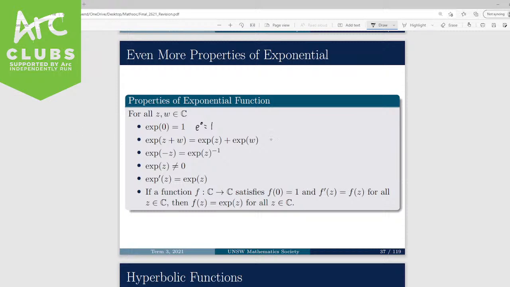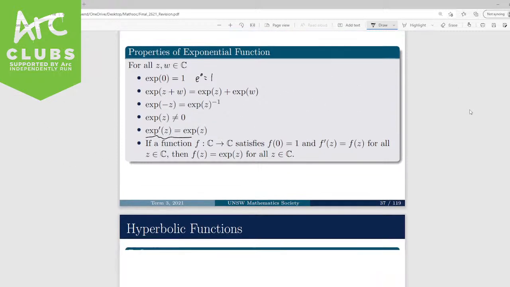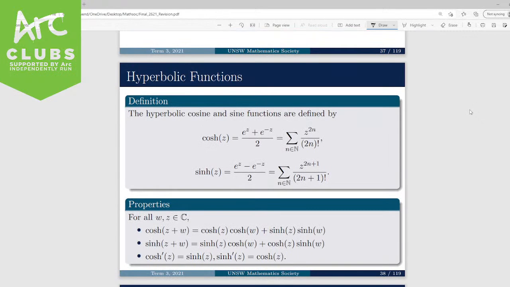So e to the power of z plus w still splits pretty nicely. The derivative of your exponential is still your exponential, so that's a great thing. But you can go over these properties in your own time. There's not a lot to point out there.